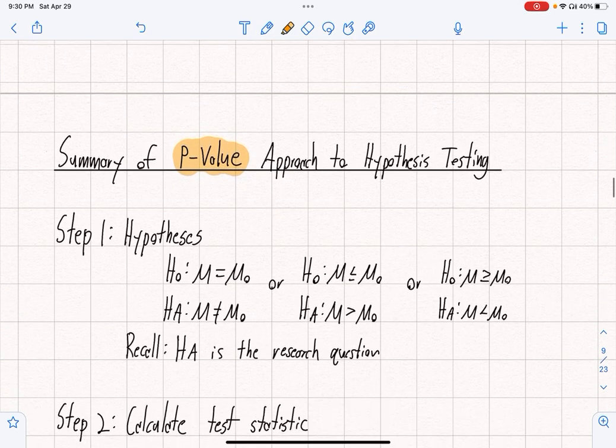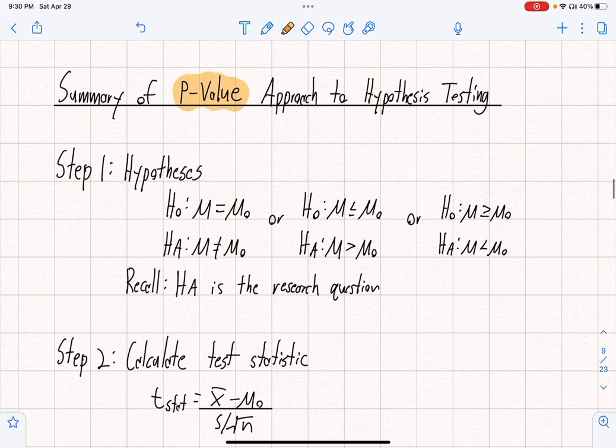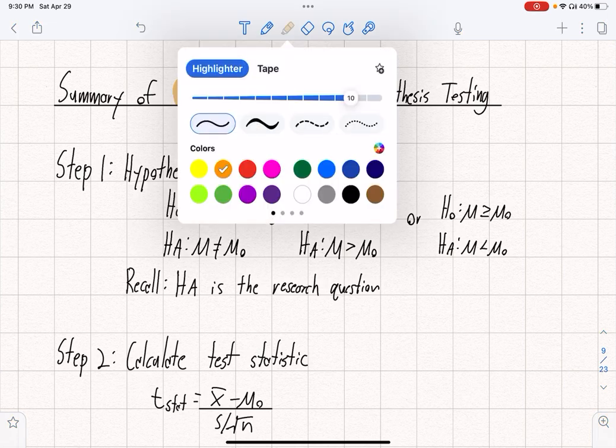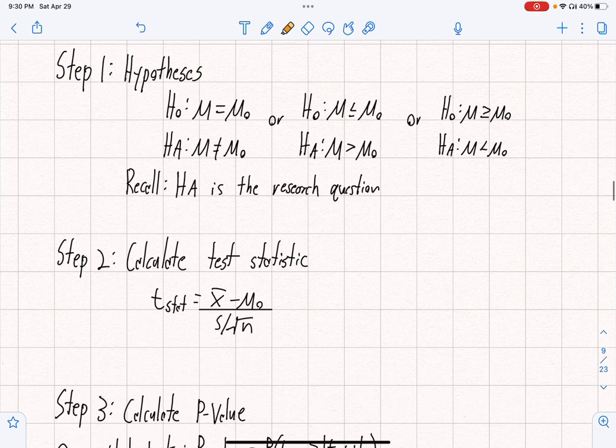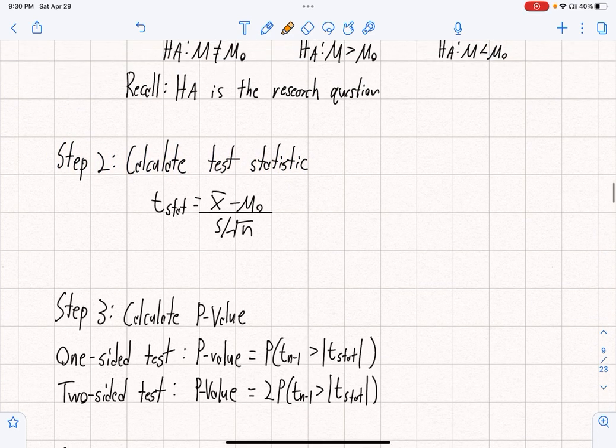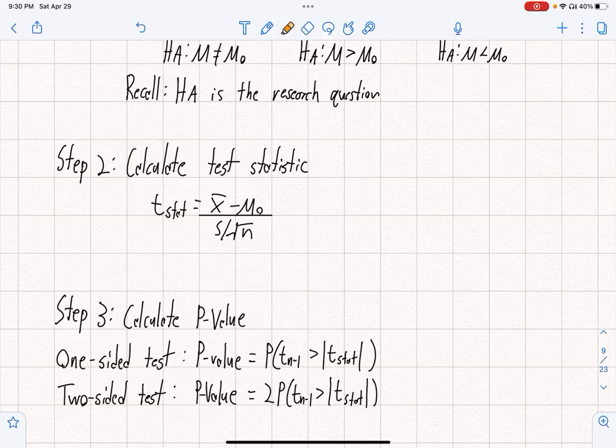So let's do a summary of the p-value approach to hypothesis testing. Step 1 is exactly the same. We're just going to establish our hypotheses as we did before. Step 2, exactly the same. We're going to calculate our test statistic. Step 3, now instead of creating a rejection region, we're going to calculate our p-value using the formula we just discussed.